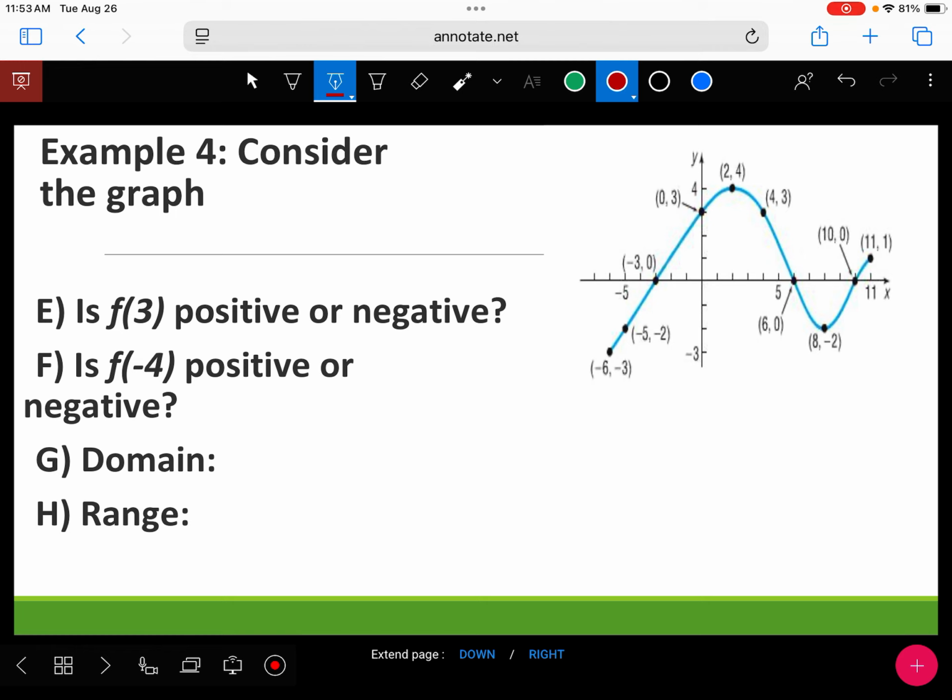For E and F, it's not asking you what the Y values are. It's just asking you, are the Y values positive or negative at those points? So the answer is not a specific number like we had for A, B, C, and D.